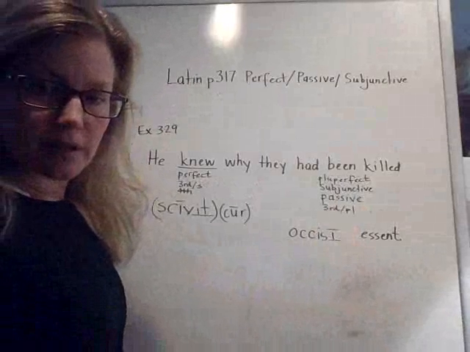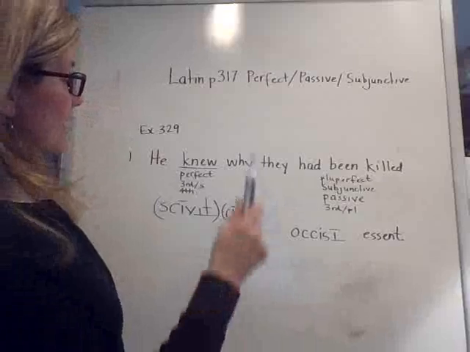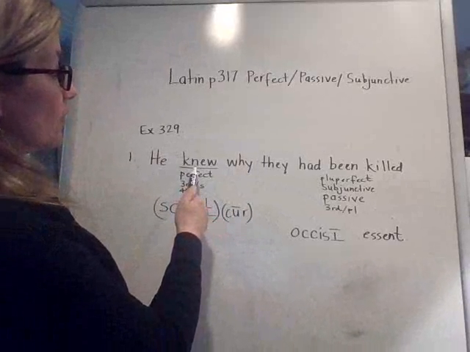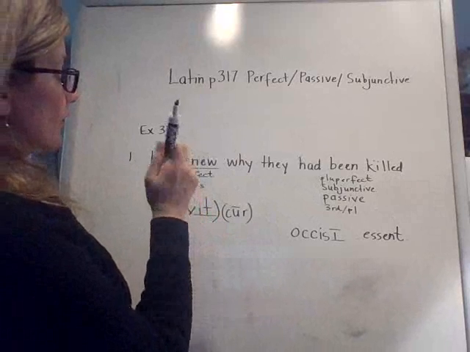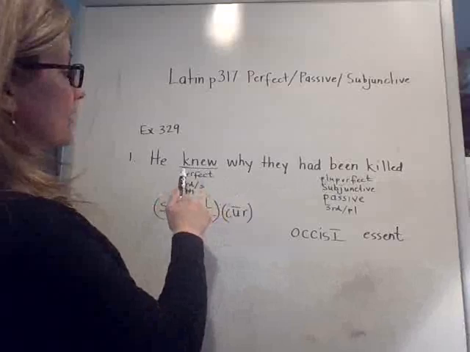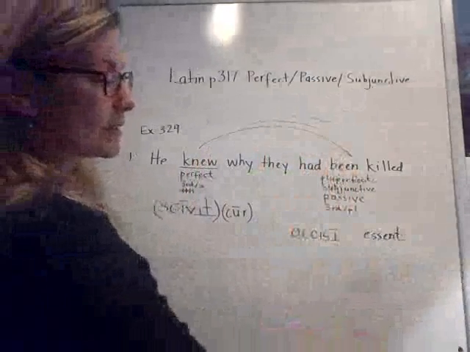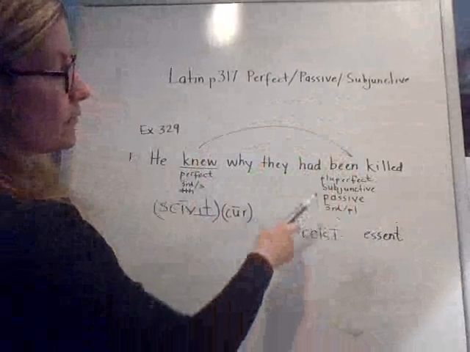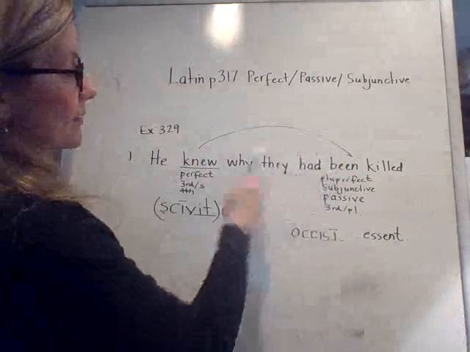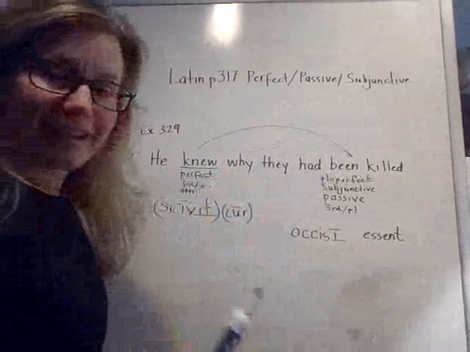So you're just going to work through those. Just remember that you have to tense by sequence because this is a verb of knowing. So this is in the secondary tense. We look over here, and this is going to be either imperfect or pluperfect, and we chose pluperfect because the action is happening before they had been killed. All right, have a great day.